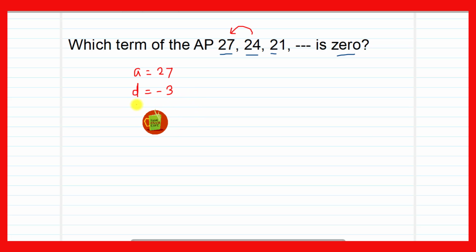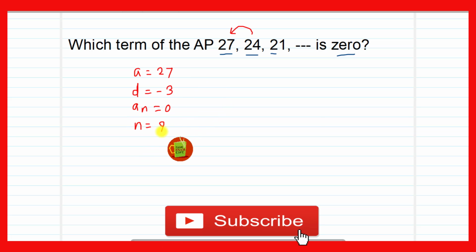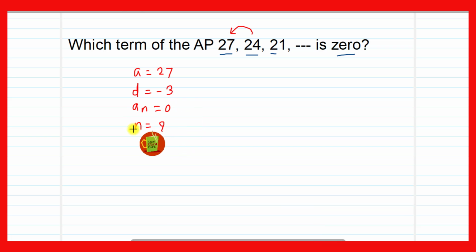And let the nth term be 0. So an is equal to 0, and we have to find n. So the nth term we are taking as 0, and we have to find n.